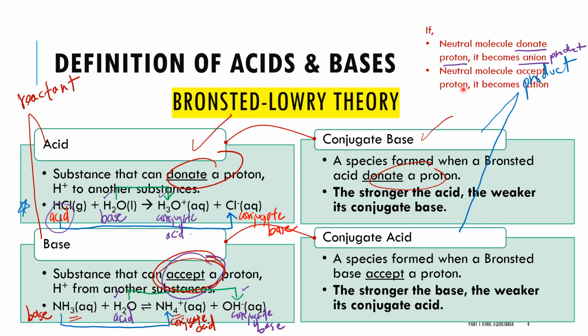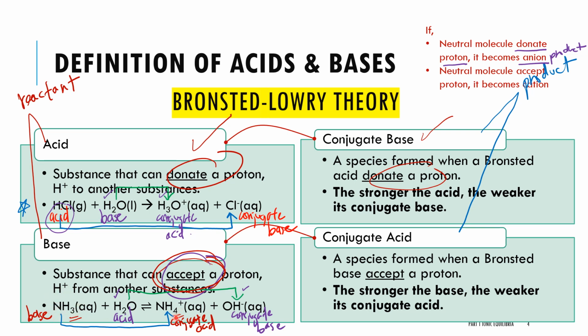Neutral molecule will accept proton. Neutral molecule that accept proton will become cation. Neutral molecule here nak accept proton. So bila dua hydrogen accept proton becoming H3O+, so the whole molecule akan jadi cation plus dekat sini. And next one, neutral molecule juga dekat sini, accept proton.